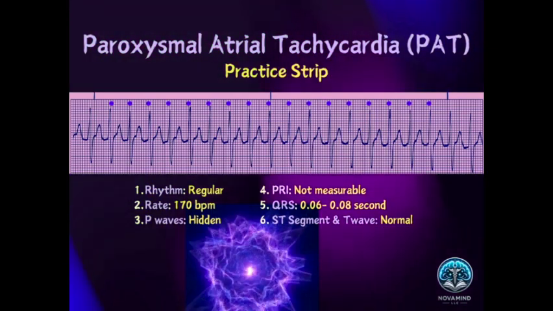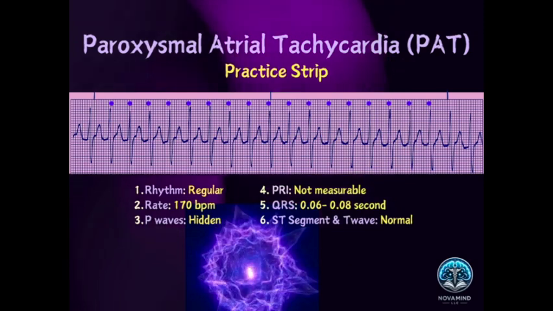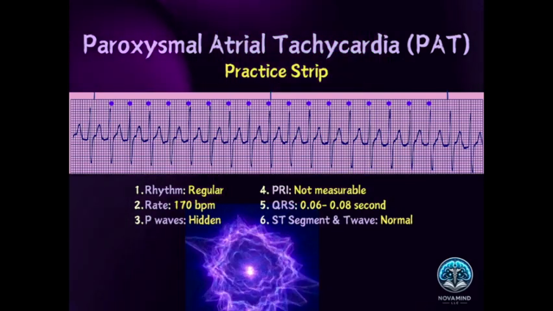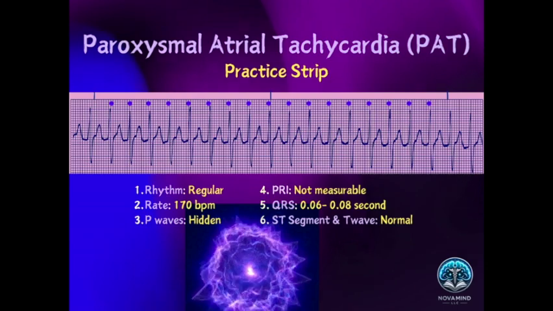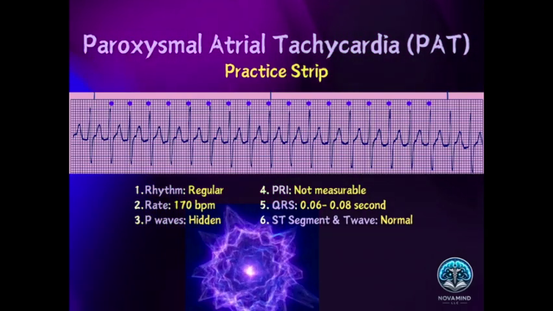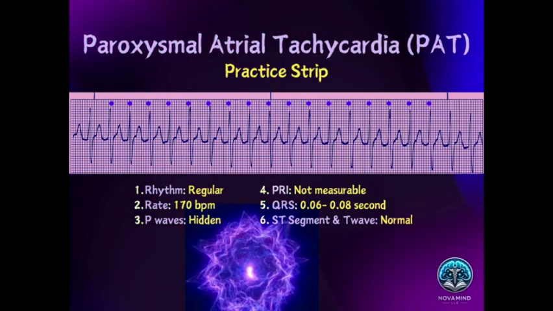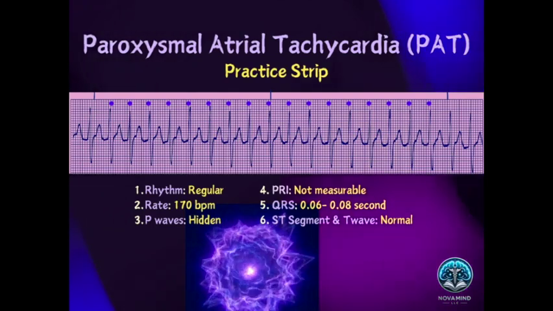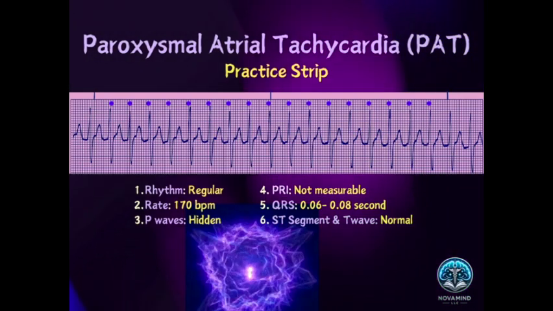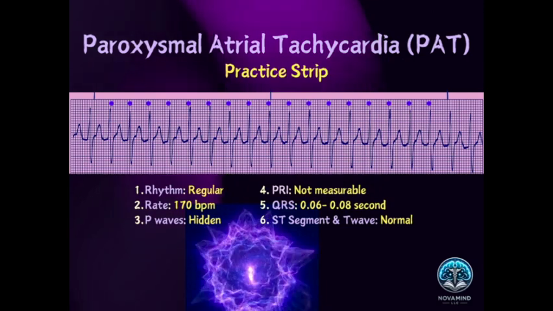Step 5, QRS complex. Moving on to the QRS complex, we're looking at the width of the QRS to ensure that ventricular depolarization is occurring normally. In PAT, the QRS complexes are typically narrow, indicating that the ventricles are conducting normally despite the fast atrial rate.